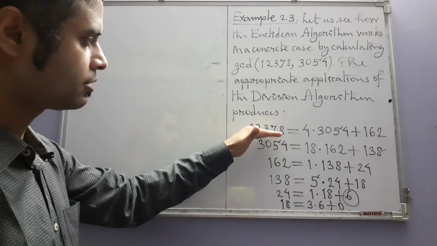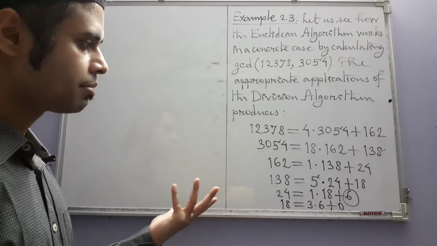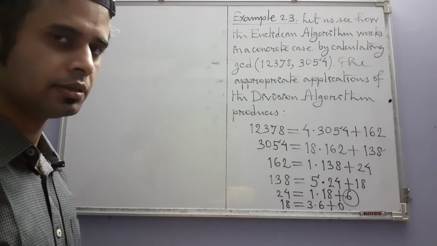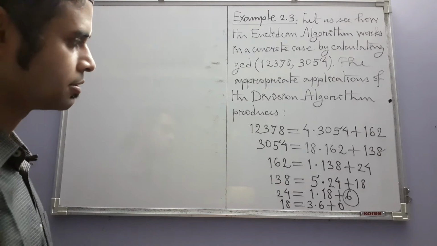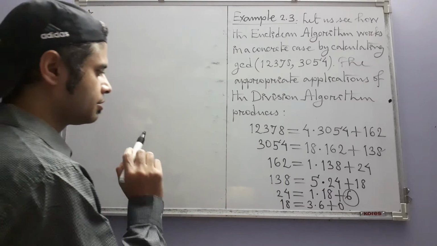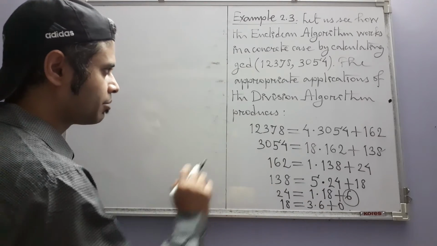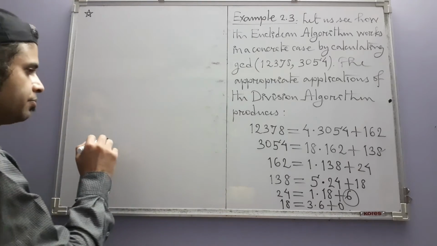You don't decide to start like this. What will happen? Will the process not give us the GCD, or will it give us a different GCD? If that happens, then there is a problem with this process. Luckily, it does not affect your final answer. It does not matter where you start, which one you decide to divide by which one.